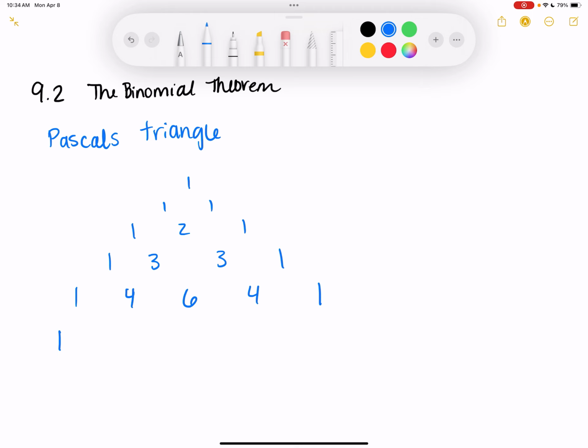Perhaps I have seen it. And it goes, so on and so forth, all the way down.